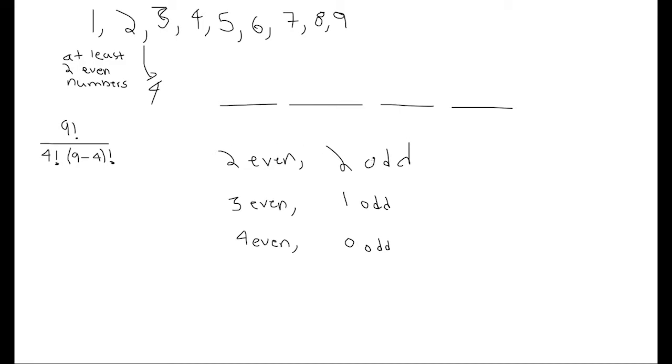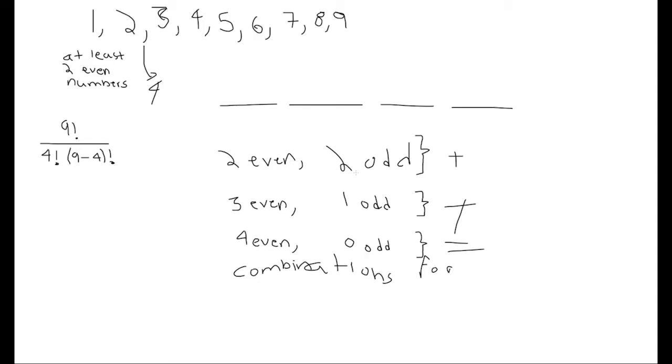Now, if we calculated out the combinations for all of these, the combinations we would have if we were forced to take 2 even numbers and then 2 odd numbers, the combinations if we were to take 3 even numbers and then 1 odd number, and then the combinations if we were forced to take 4 even numbers, and then added them together, this would equal the number of combinations where we actually have at least 2 even numbers, because we took into account all of the different scenarios.